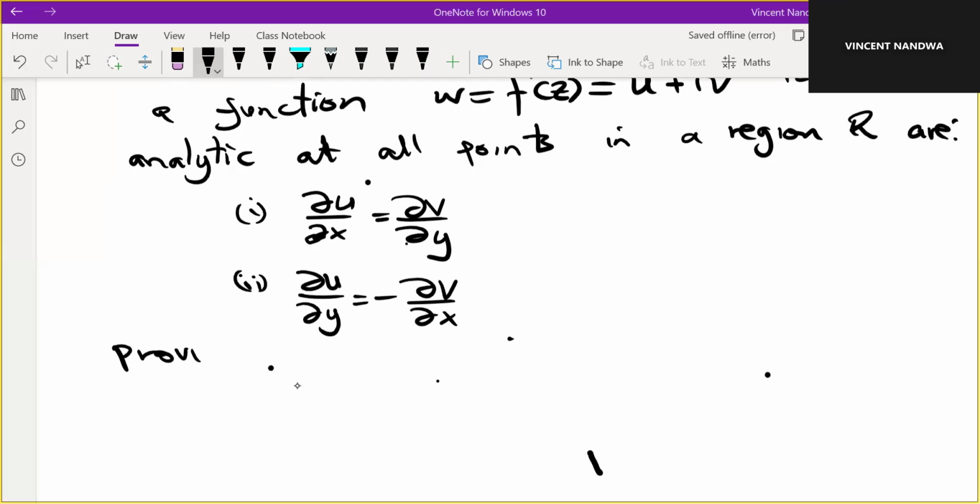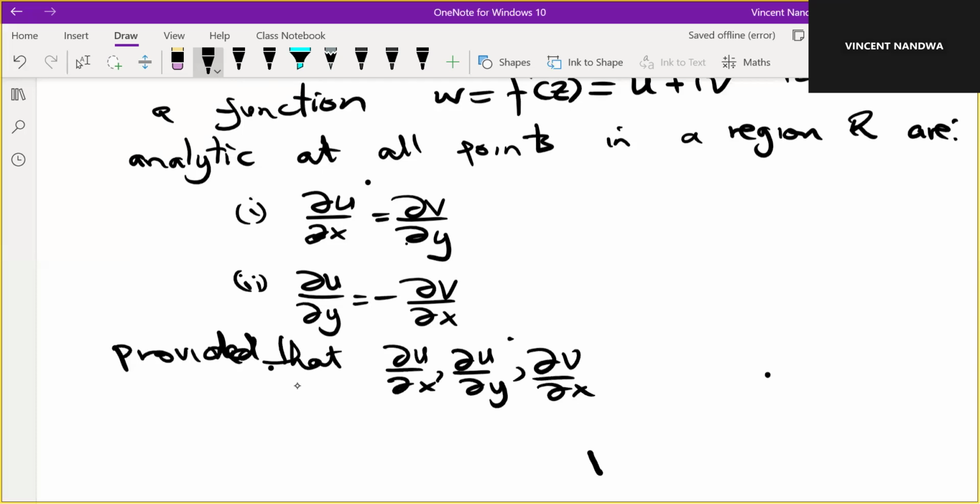Provided that partial u partial x, partial u partial y, partial v partial x, and partial v partial y exist.